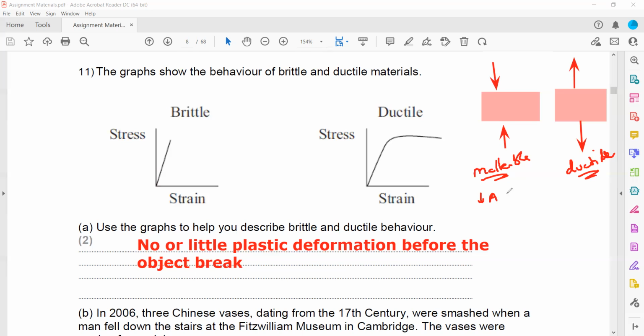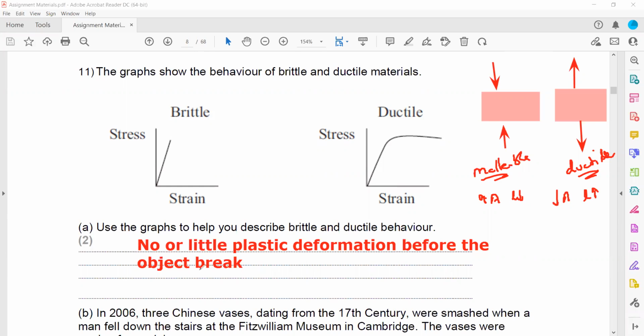If area is decreasing, the length should increase so that the volume is constant. If we are stretching and area is increasing, the length should decrease, the other way around. If area is decreasing, then the length should increase.